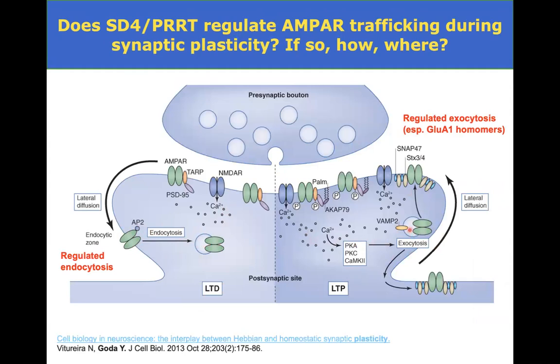So the SynDIGs promote endocytosis to allow the receptor to be delivered to the plasma membrane, but perhaps they can also inhibit endocytosis. If you inhibit endocytosis, that would also lead to more AMPA receptors being stable at the synapse. So perhaps it actually is doing both, promoting and inhibiting.